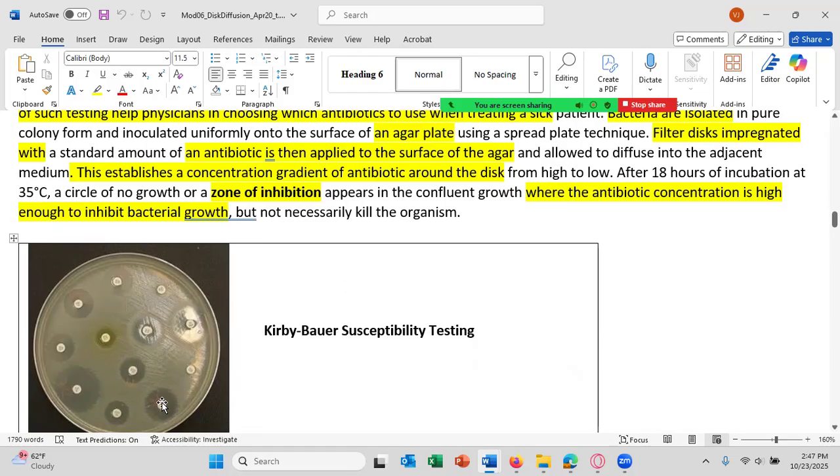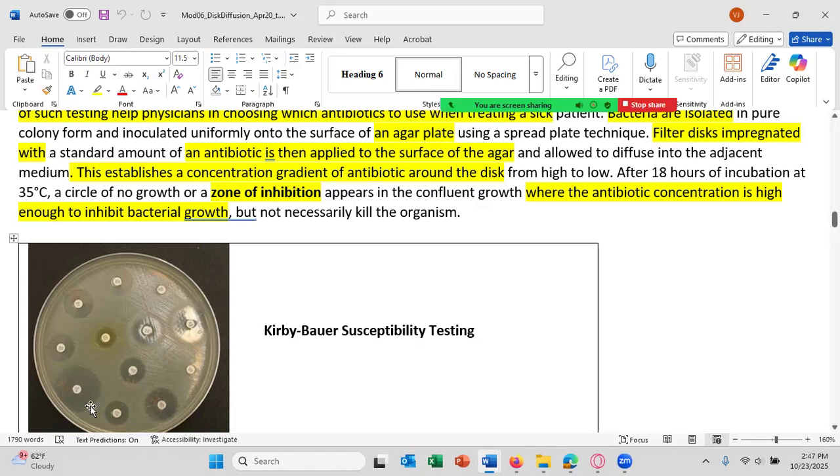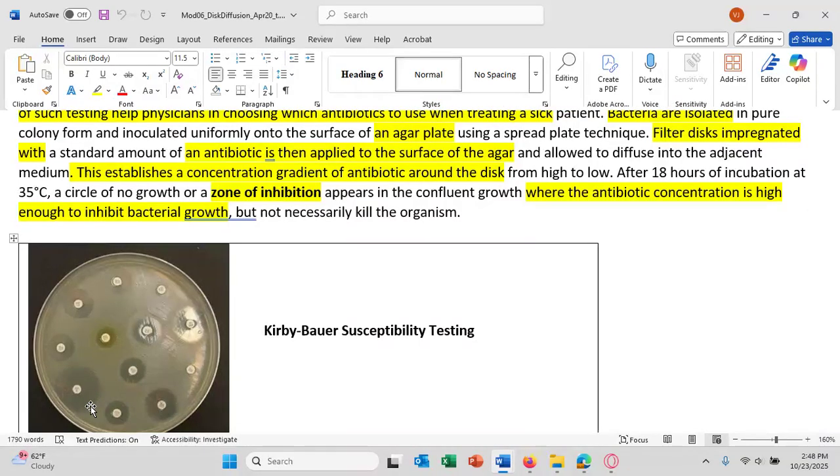The zone of inhibition happens when the antibacterial agent is at a concentration high enough to prevent the bacteria growth. It may or may not kill the organism, depending on what the antibiotic is and how it works.